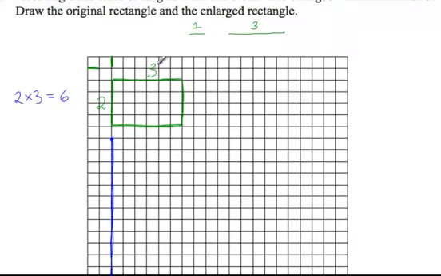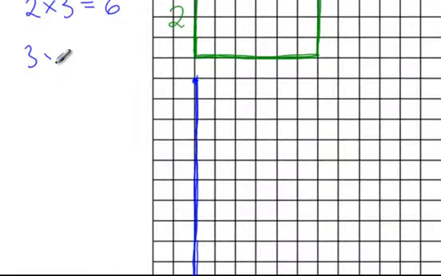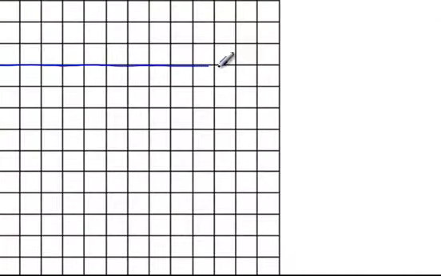Okay, and the next length here on the original rectangle is 3. And we're going to multiply that 3 by the scale factor of 3 to get a length of 9. And 9 on this is going to be 18 units. 2, 4, 6, 8, 10, 12, 14, 16, 18. Alright, there we go.